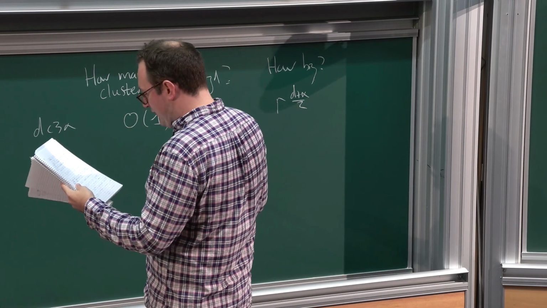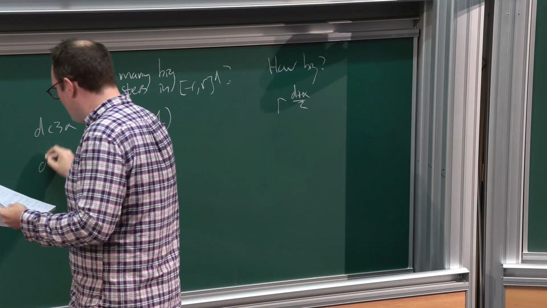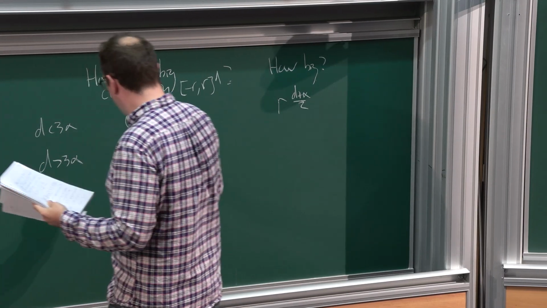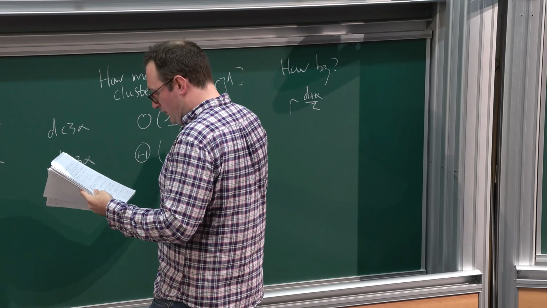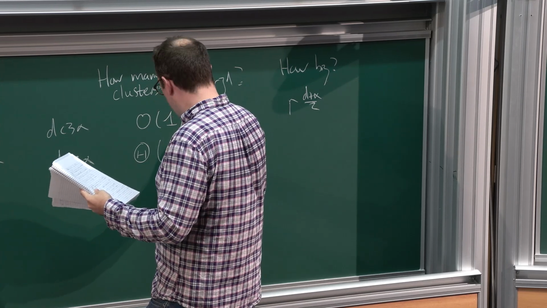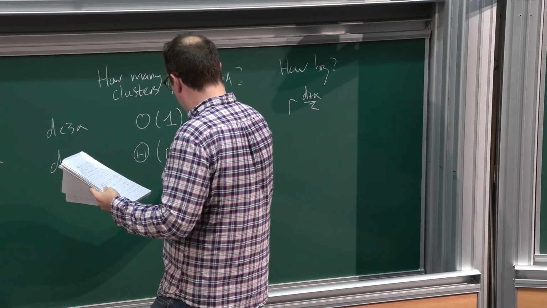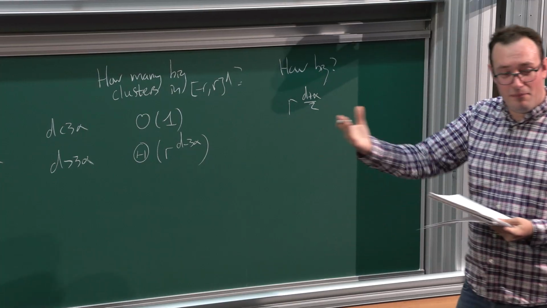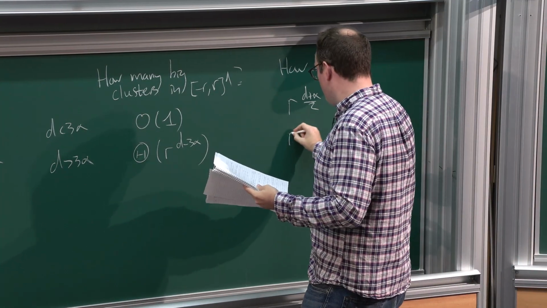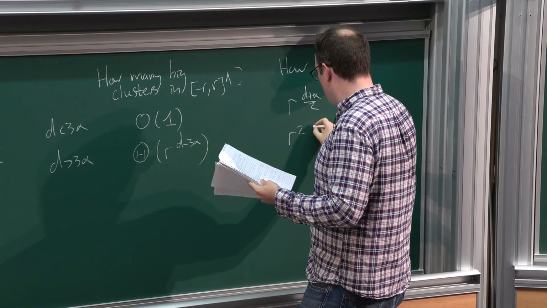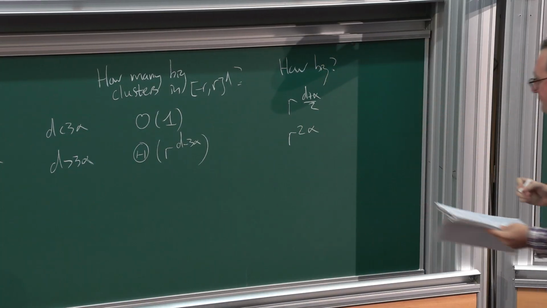In the case d bigger than 3 alpha, we have order r to the d minus 3 alpha, so some power number of these large clusters, and they have size r to the 2 alpha.